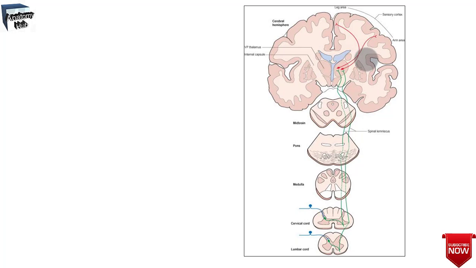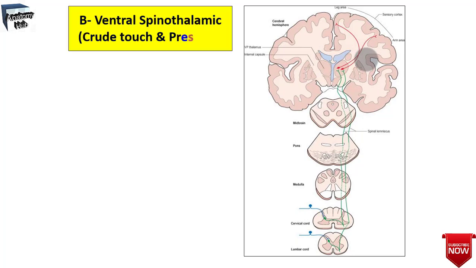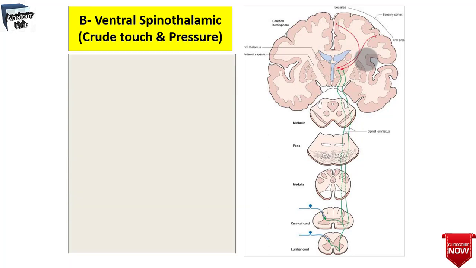Then we will see the anterior spinothalamic tract, also known as the ventral spinothalamic tract. They are responsible for crude touch and pressure. The fibers of this tract ascend in the anterior and anterolateral funiculus.